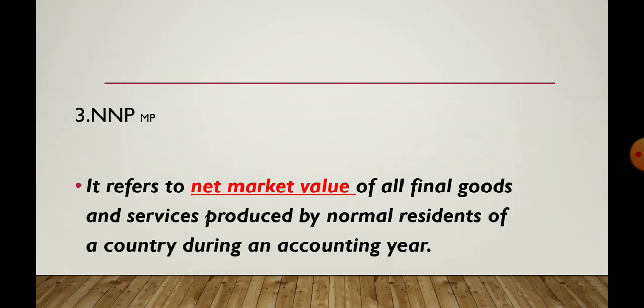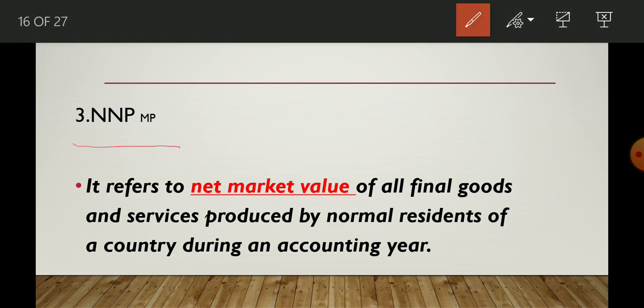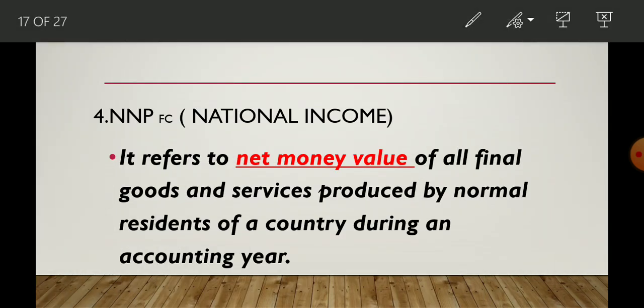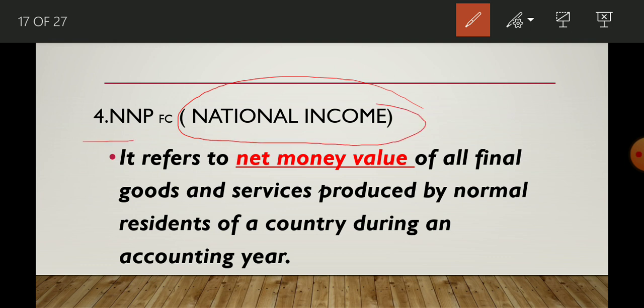Third aggregate is NNP MP. N stands for net and MP stands for market value. So it refers to net market value of all final goods and services produced by normal residents of a country during an accounting year. Now the fourth one is known as national income. National income means NNP FC. N stands for net and FC stands for money value.